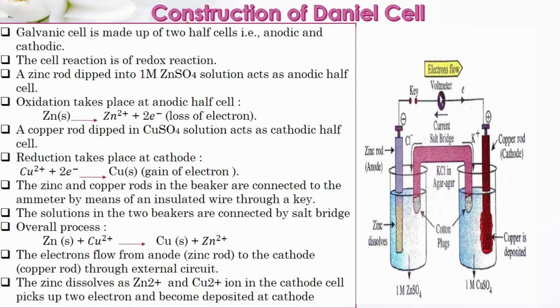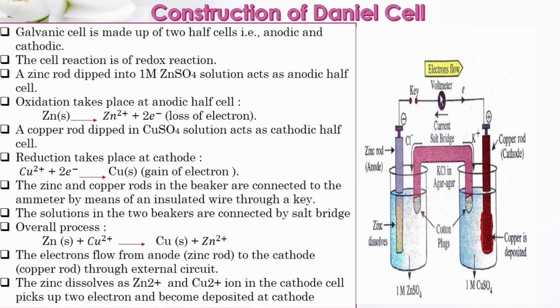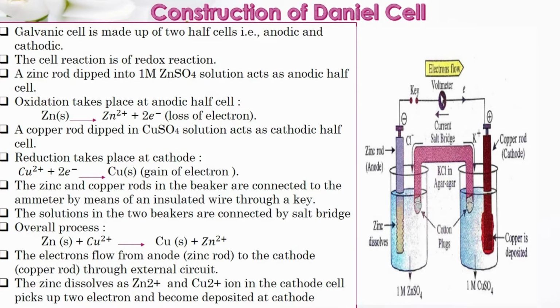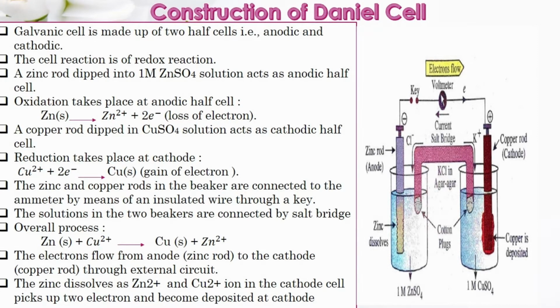The salt bridge is an inverted U-tube containing a saturated solution of some electrolyte such as KCl, KNO3 or ammonium nitrate, which does not undergo a chemical change during the process. The saturated solution is generally taken in agar-agar jelly or gelatin.